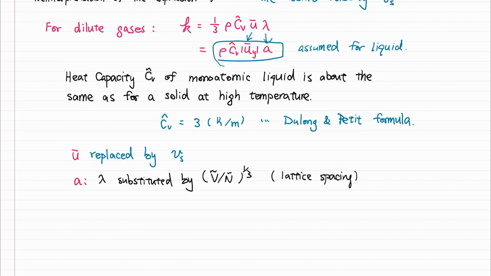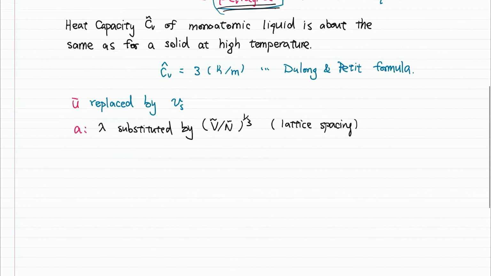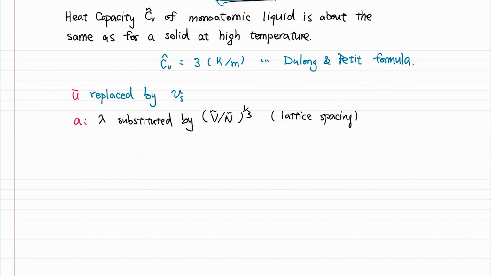So if we substitute these all back into our formula up here, we get the thermal conductivity for a liquid now equals 3 times (N over V) to the 2/3 times kappa times v sonic.